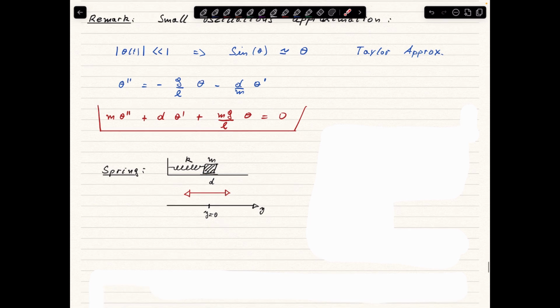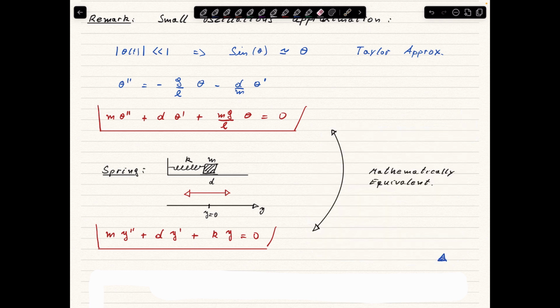If we write down the equation in this case, recall it has the form mass times y double prime plus the friction coefficient times the velocity plus the constant k times y equals 0. You can see the names of the constants are different, but other than that it is the same equation. So what this says is that these two equations are mathematically equivalent.